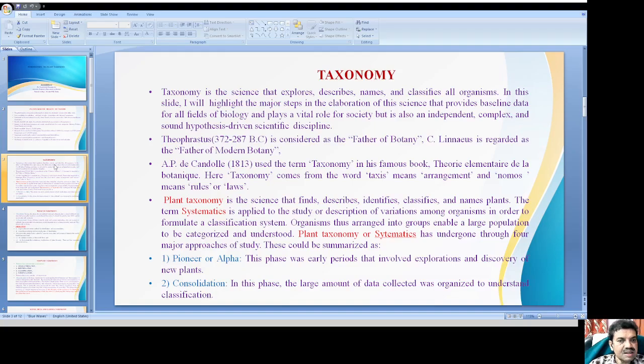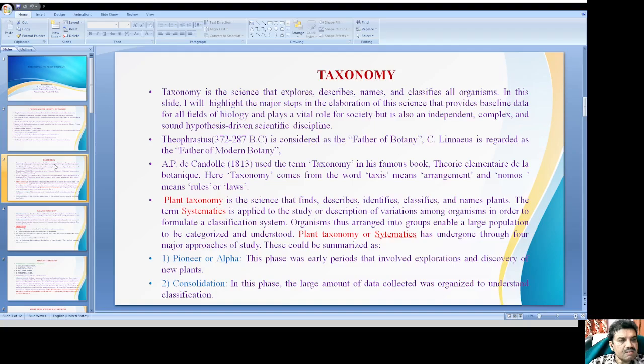We can consider Linnaeus the father who first tried to explain and analyze plants as far as nomenclature and classification are concerned, in his book Systema Naturae.